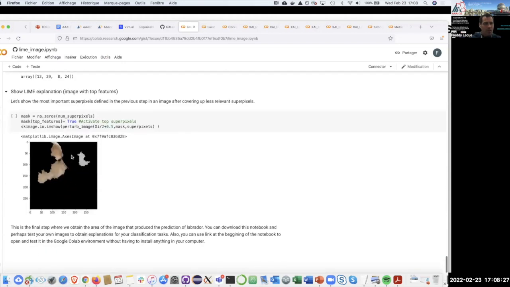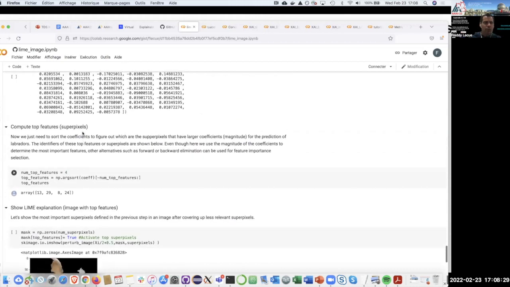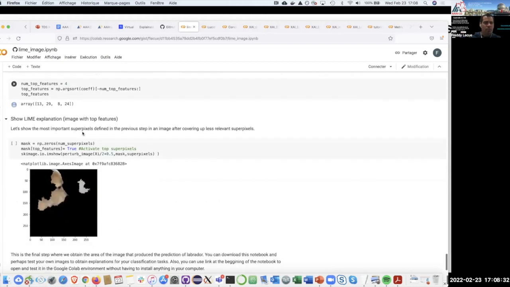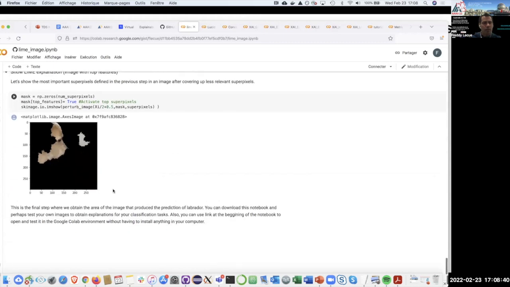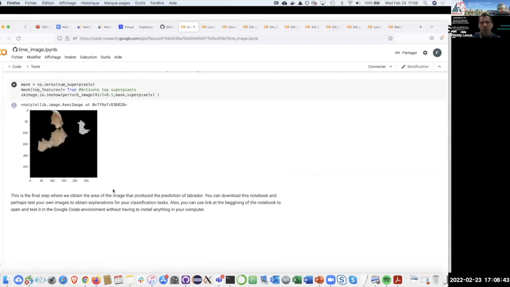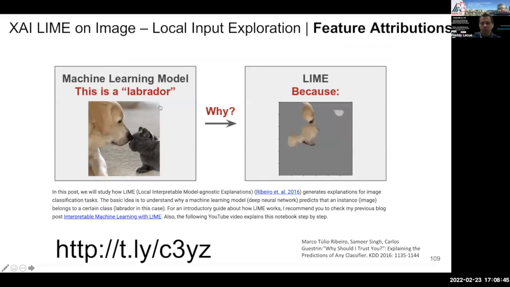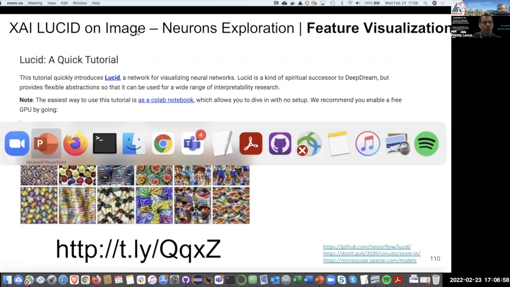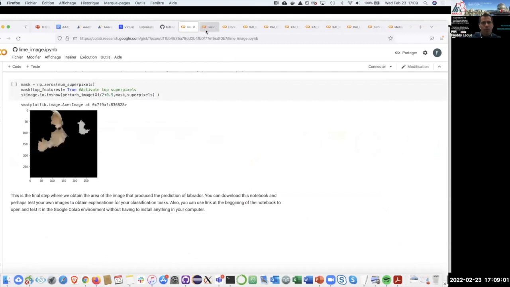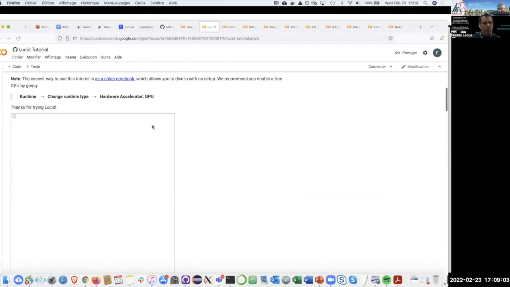Because you try different combinations, at the end you pick the one that minimizes the loss of accuracy. So that's one technique. For the second one, in the slide you can click on the link and it goes straight to the collab, which makes things easier. Another one is Lucid. I mentioned it earlier. So Lucid is in here. It's pretty neat.